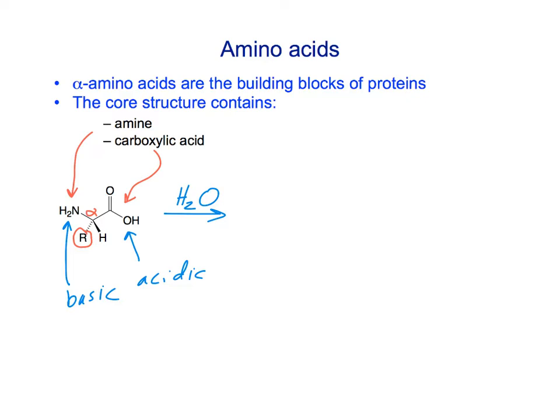So the common form of an amino acid is in its conjugate acid of the amine and its conjugate base of the carboxylic acid. Okay, so it's this di-ion. We call it a Zwitter ion.